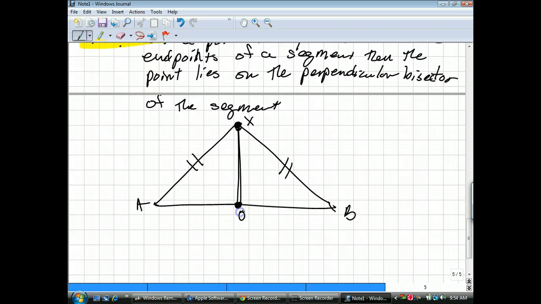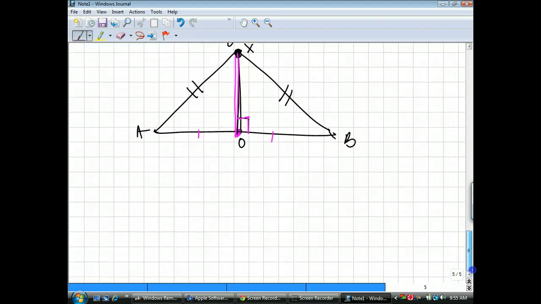So therefore, this point O has to be a midpoint, and this has to be a right angle. Okay, so what this theorem gives you is that this is a midpoint and that this segment is perpendicular. Okay, then the next theorem, two theorems, have to do with angles.